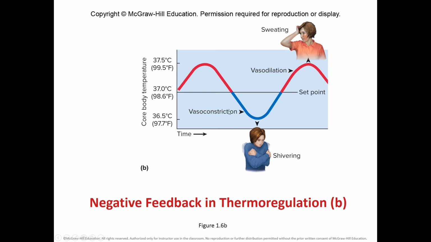And then you have this fluctuation, and if you reach a temperature lower than 97.7, your body starts shivering and you have vasoconstriction, so you can bring it back to the normal set point, which is 37 degrees Celsius. But if it's hot and your body temperature reaches higher than 37.5 or 99.5 Fahrenheit, you will start sweating.